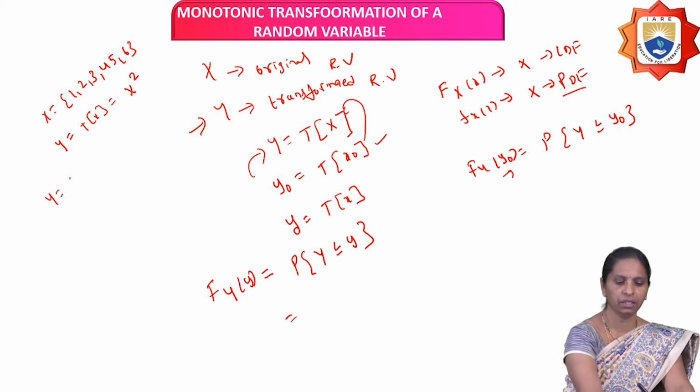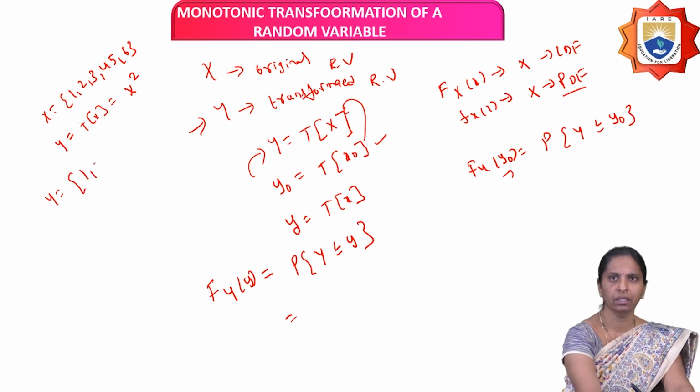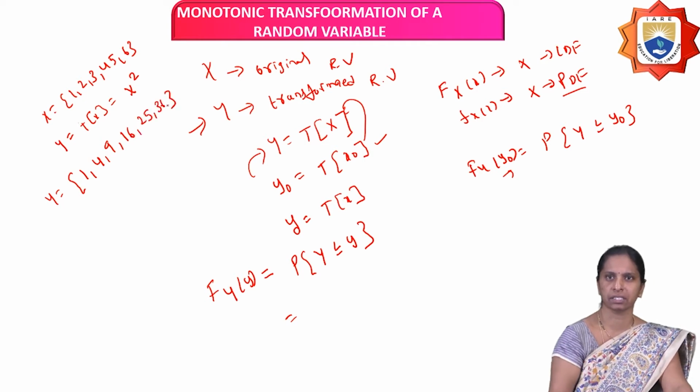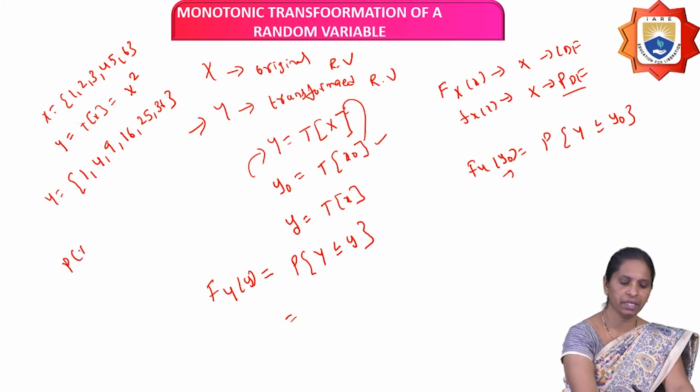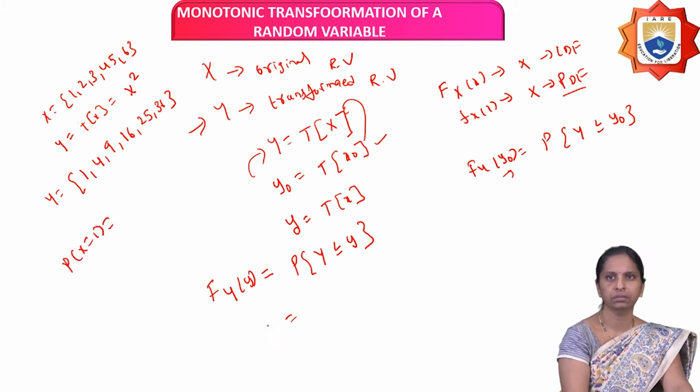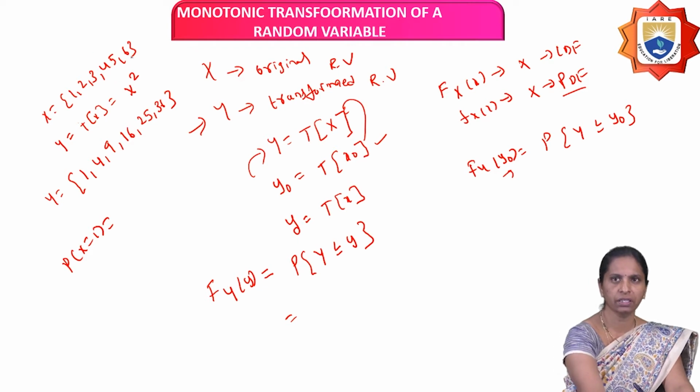Then what are the new random variable Y values? 1, 2 square is 4, 3 square is 9, 4 square is 16, 5 square is 25 and 6 square is 36. Now, what is the probability that X equals 1? How many total values are there? 6 values.